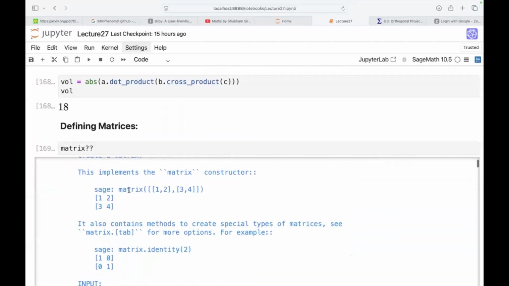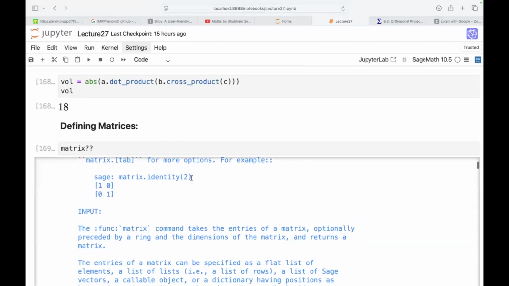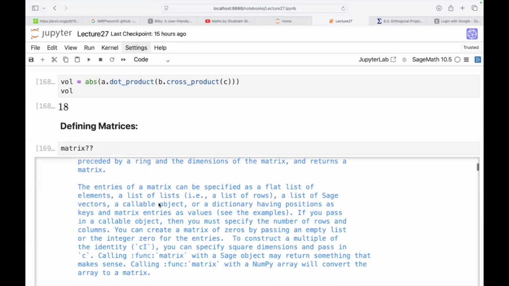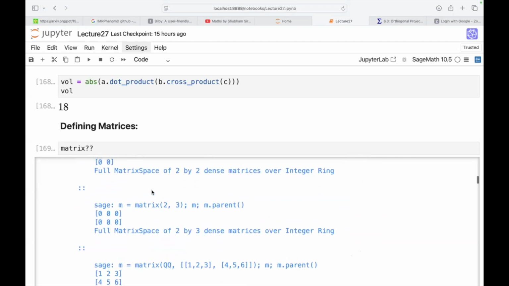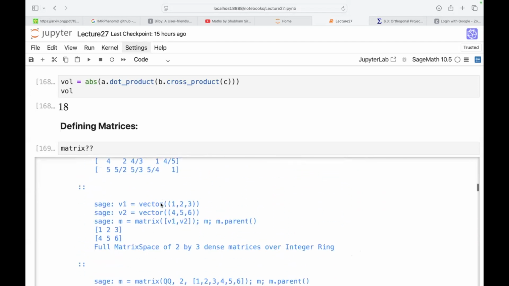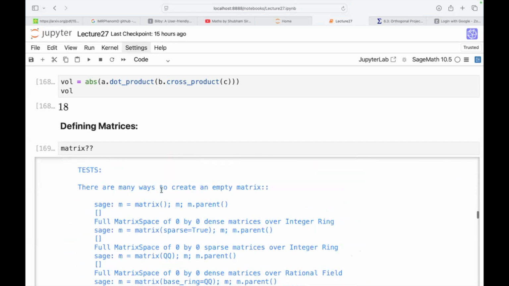So this says the matrix one is the 2 plus 2 matrix 1, 2, 3, 4, and the evaluation in shift enter is 1 2, 3 4, and also the matrix identity 2. यानी जो matrix आप define करें 2 plus 2 matrix is identity matrix, defined in such a way. And also many things are defined in the matrix definitions. You can choose and read the data and use SageMath the same.